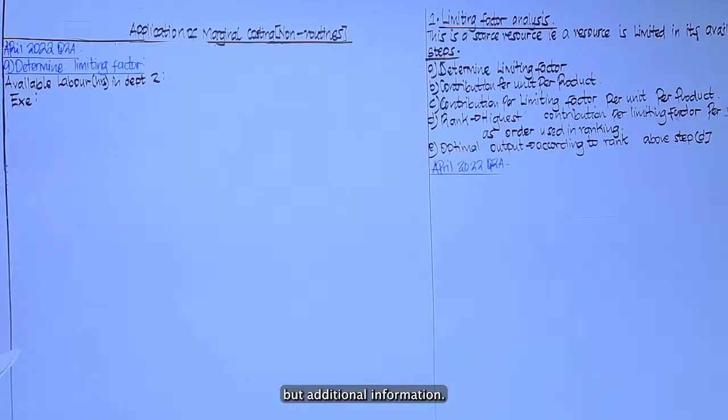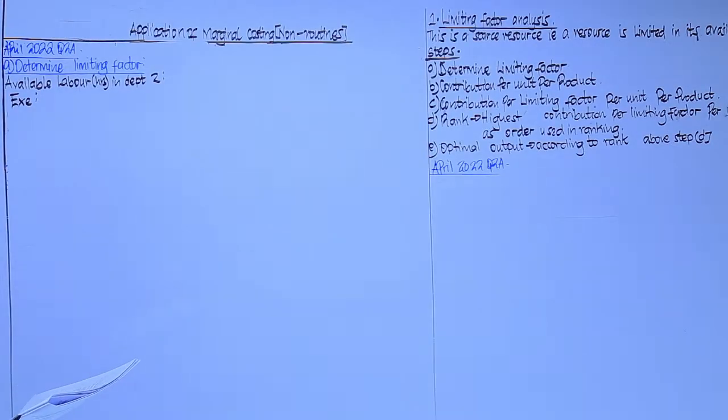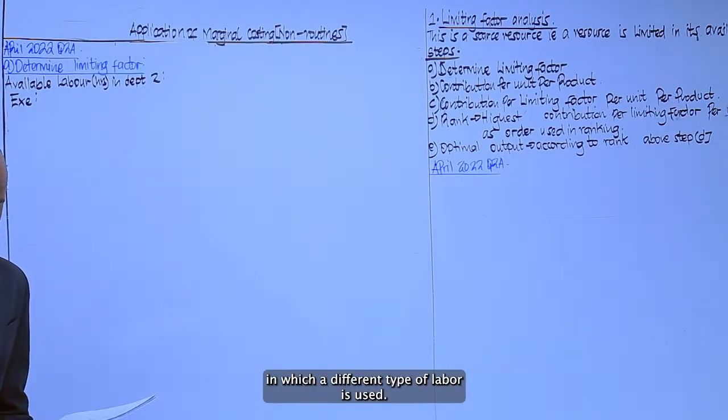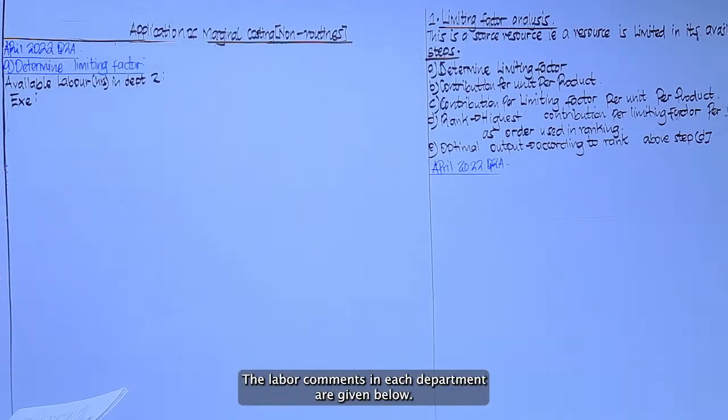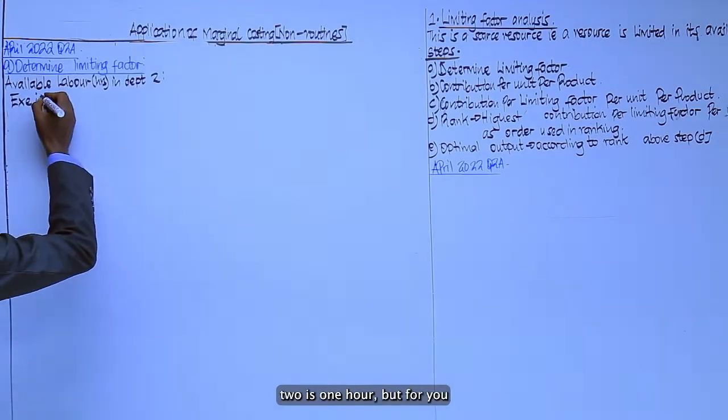But additional information number 1, each type of product passes through 3 departments in which a different type of labor is used. The labor requirements in each department are given below. The labor requirements per unit of X in department 2 is 1 hour.